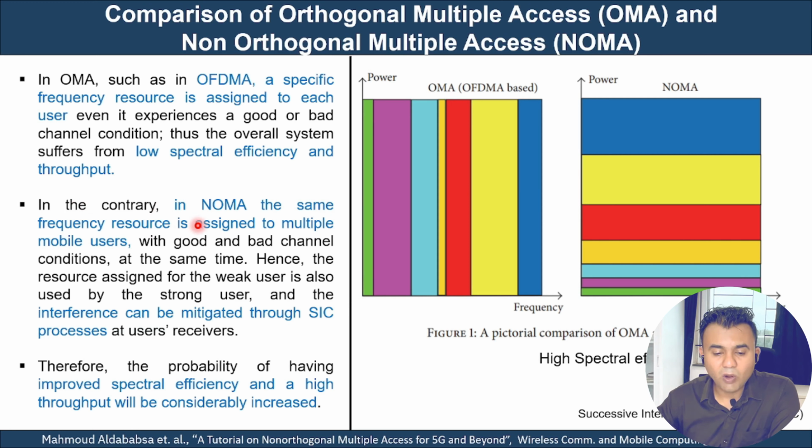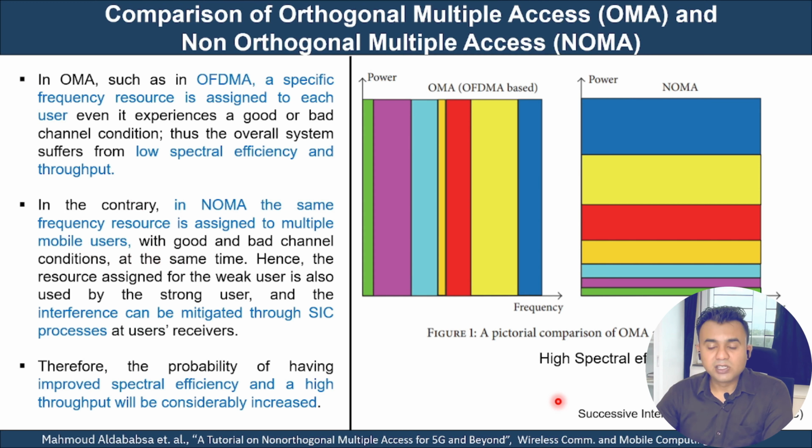Whereas in NOMA, on the contrary, the same frequency resource is allotted to all mobile users. So you can see all mobile users can access the entire frequency range, but the powers transmitted for different users are different. Right? That is the difference.